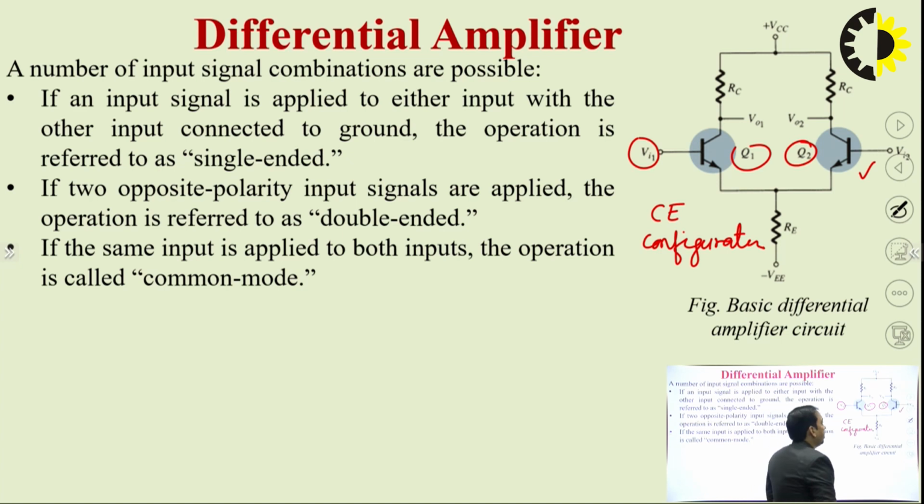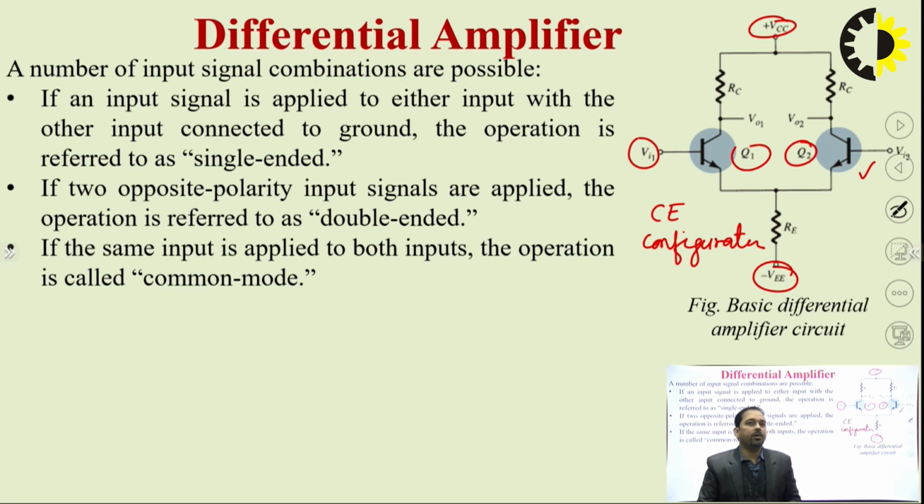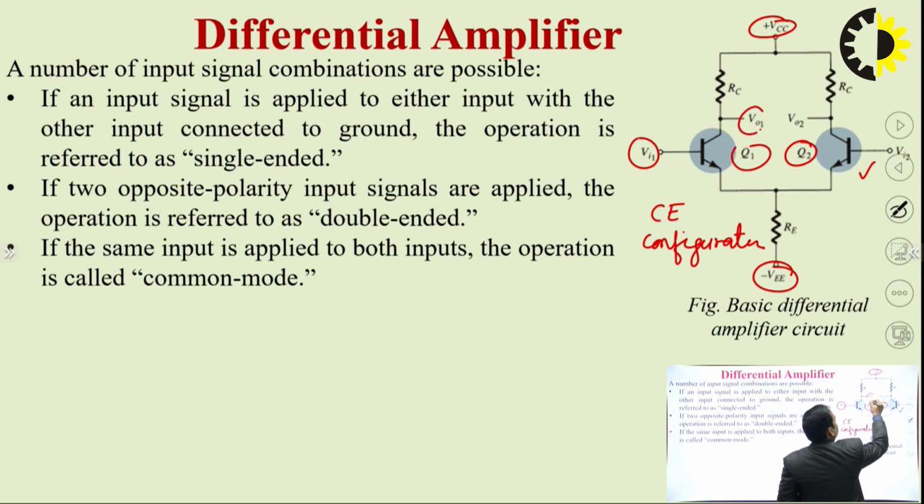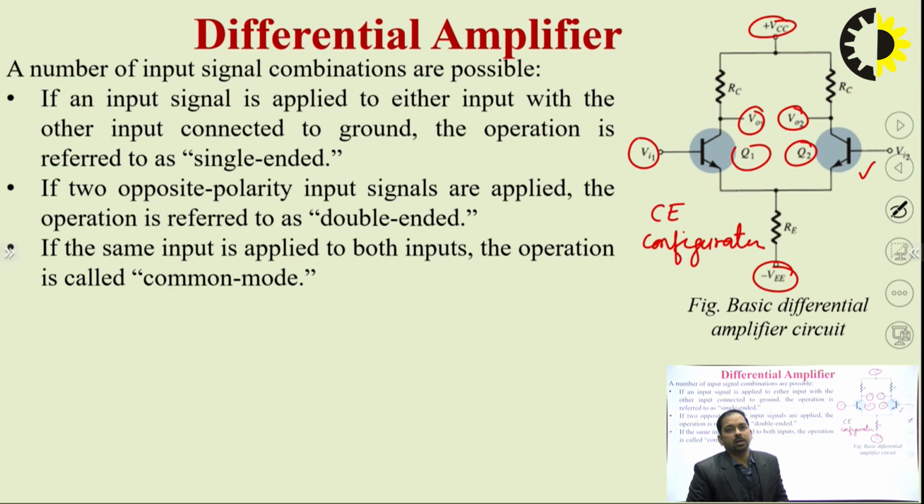As we have seen in our initial slides, the op-amp works on a dual power supply, which is VCC and minus VEE. That means the voltage swing will be very high, because there is a large variation from VCC to minus VEE, and we will collect the outputs V01 and V02 at the collector terminals.